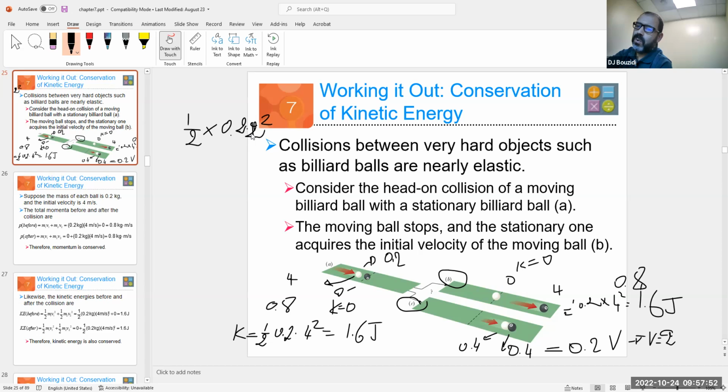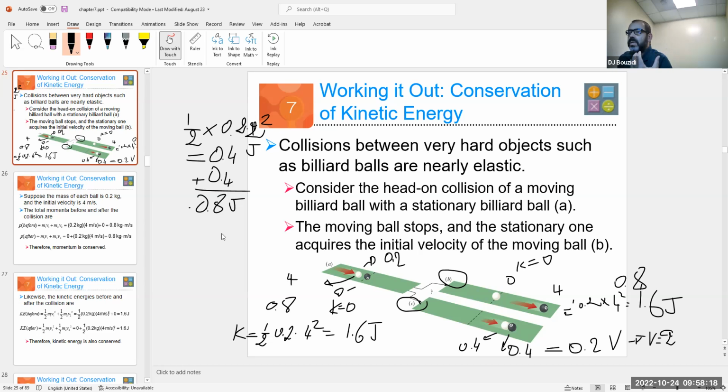So 2 squared is 4 times 0.2 divided by 2. It's going to be 0.4 joules for each and every one of them. So there are 2 of them. So now I'm going to add up the other one to it, and I'm going to find that 0.8 joules is the total kinetic energy of the system I have.